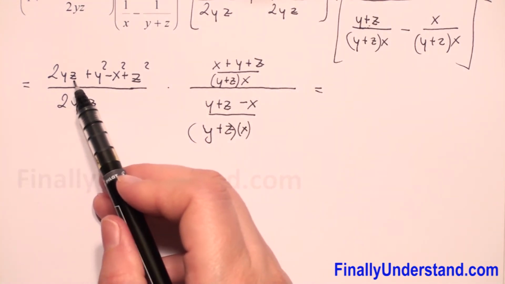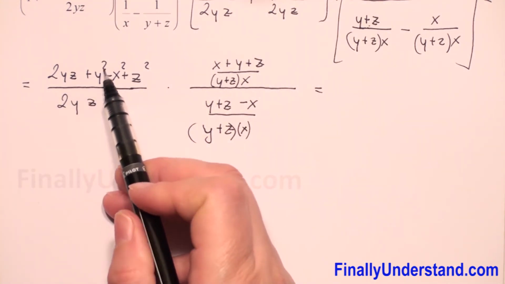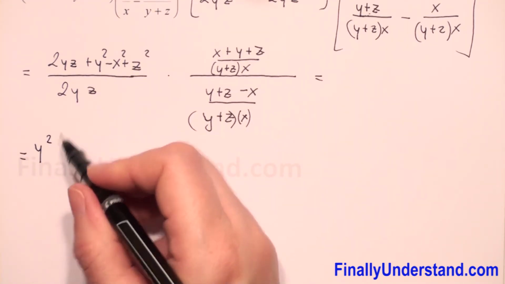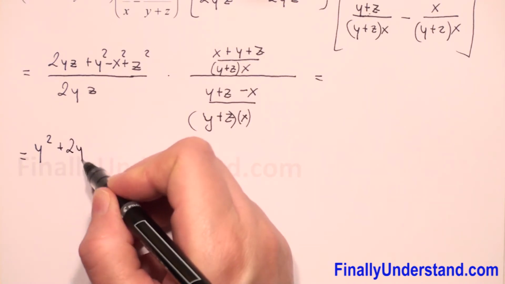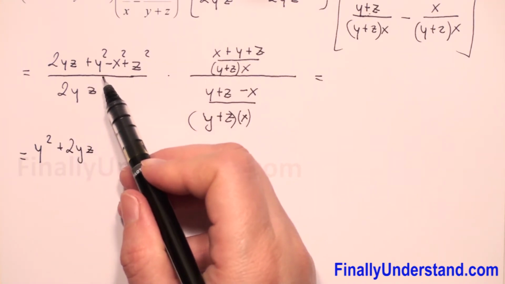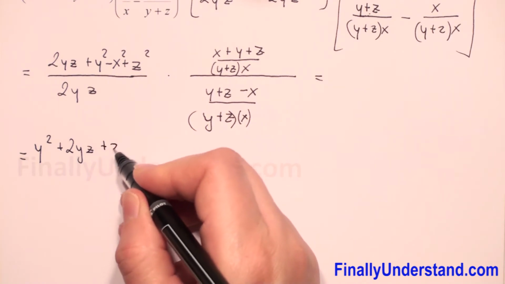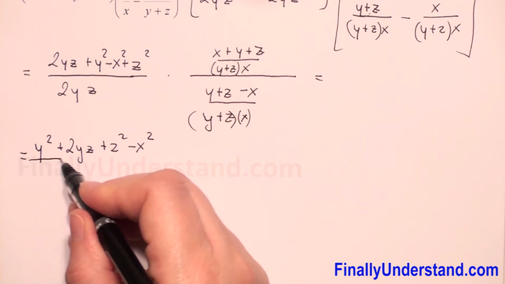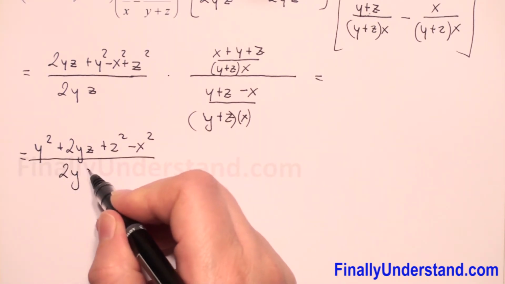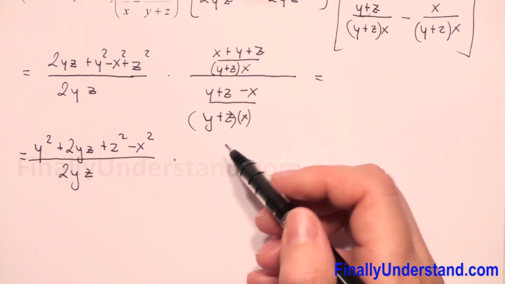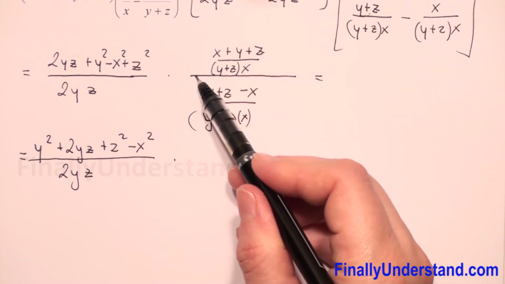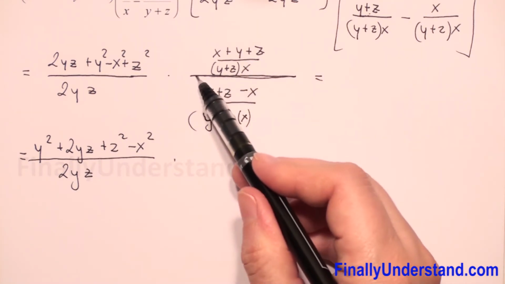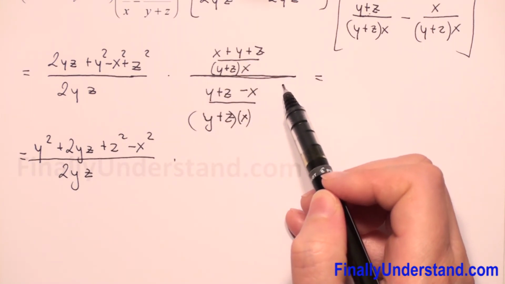because we have here yz, so first I put y squared, next we have plus 2yz, and next I can put plus z squared, and at the end minus x squared. We have over 2yz times, and now we cannot do anything in the numerator and in the denominator, so we will change this fraction bar to division.